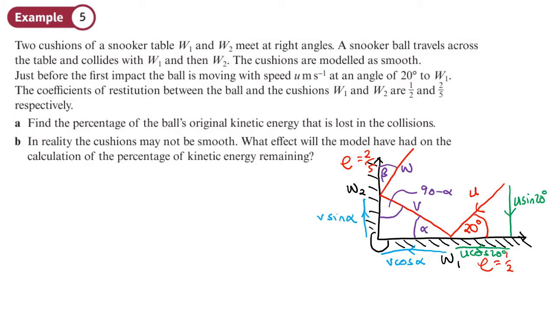And then if we move to the last part in a dark red colour, we'll have this component here, which will be w cos beta, and then we're left with this component here. That will be w sine beta. So we've got all these different components now which we can use to solve the question.